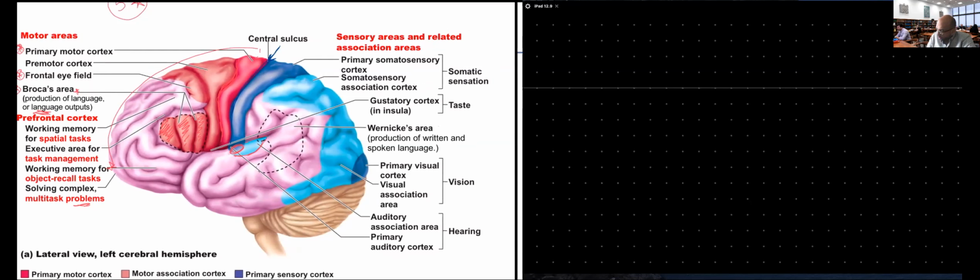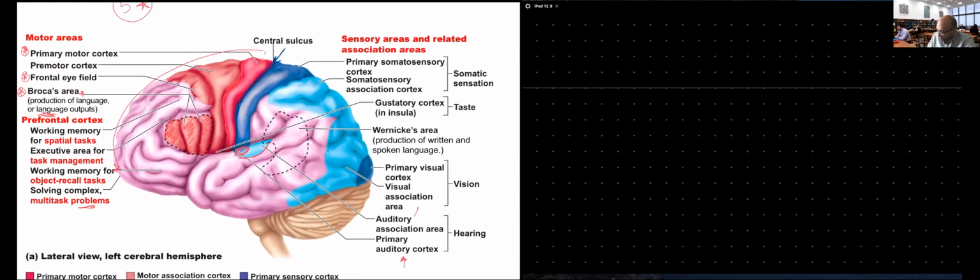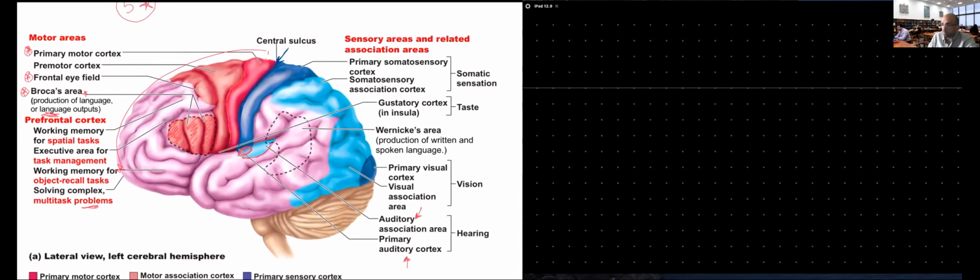The primary auditory cortex is going to be the site for you to be able to hear, and the association area is going to be responsible for you to interpret what you are hearing.